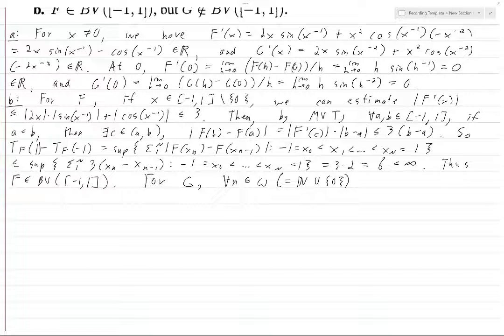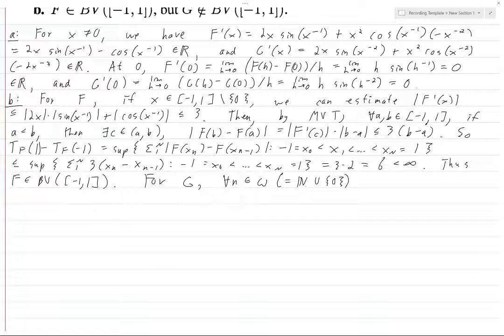This gives us a nice way to specify whether we're working with the numbers 1, 2, 3, and so on, or 0, 1, 2, 3, and so on. If we're starting at 1, we use bold N for the natural numbers, and if we're starting at 0, we use omega for the finite ordinals. Anyways, that's just a notational preference that I have, so we're going to stick with it.